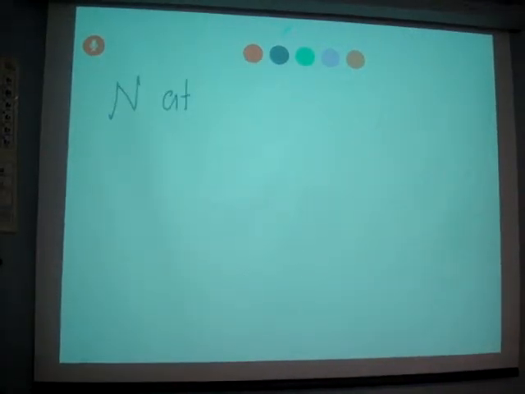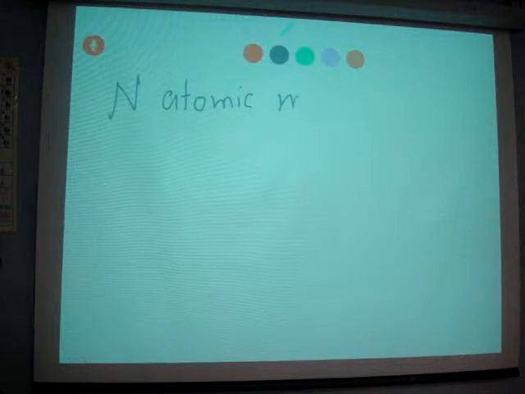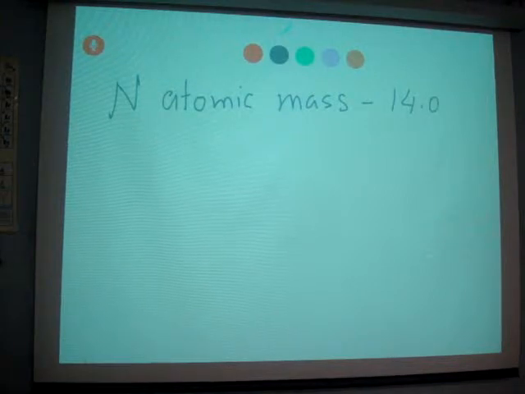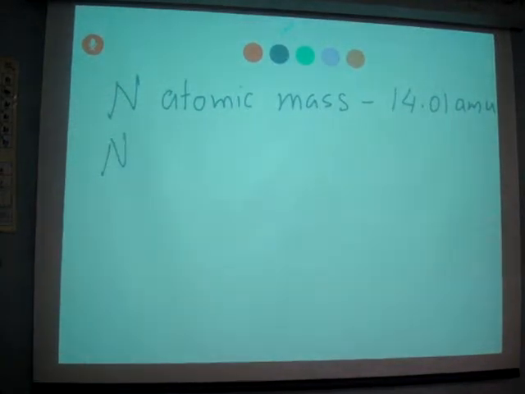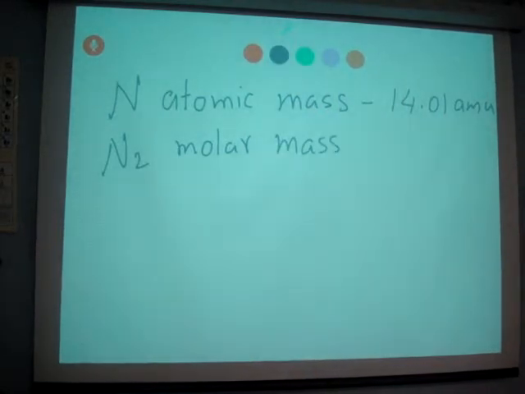What is the atomic mass for nitrogen? 14.01 AMU, right? But what is the N2 molar mass? We need to find the molar mass of nitrogen because nitrogen is available in diatomic form. So we need to multiply 2 times 14.01, which is 28.02 grams. We can also say grams per mole. So that's how we calculate molar mass.